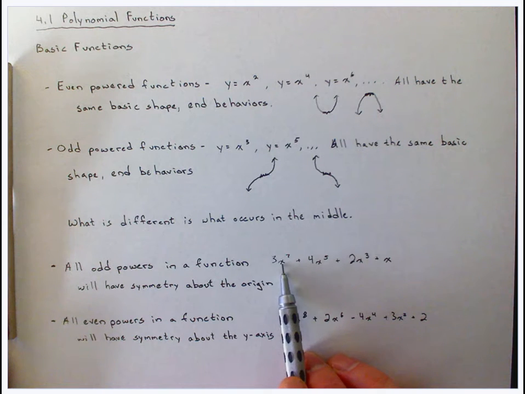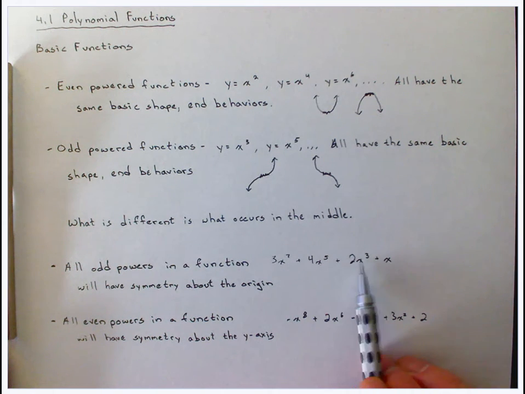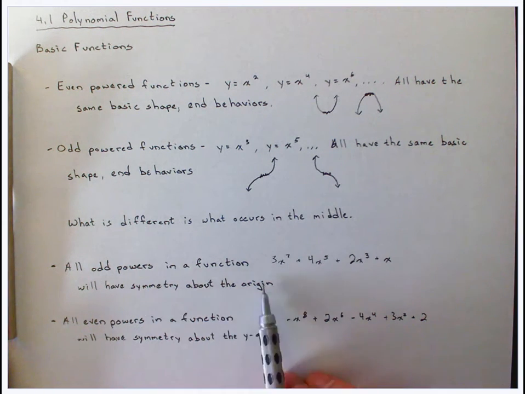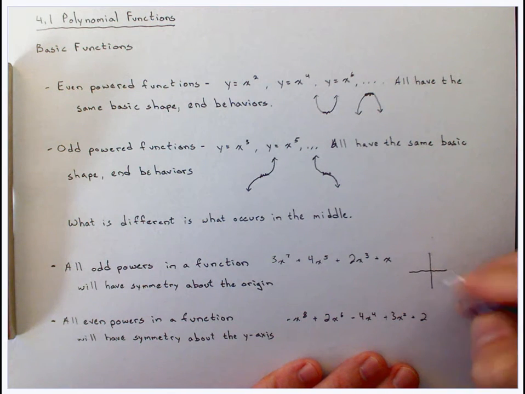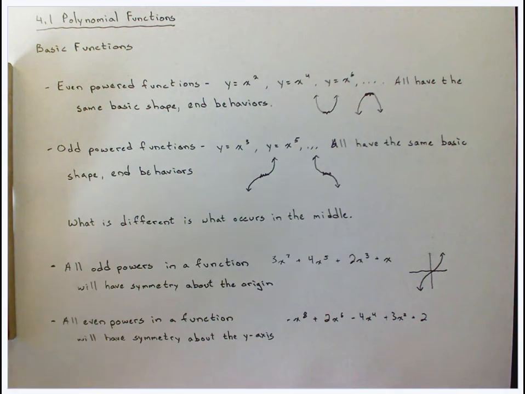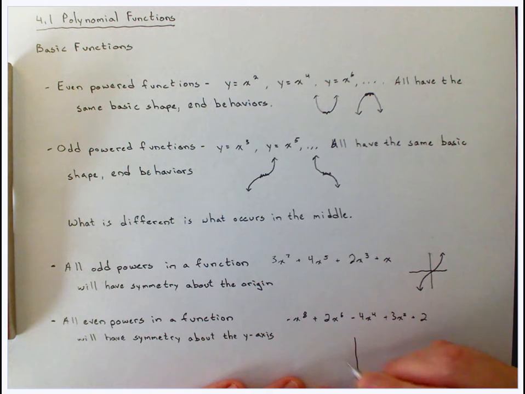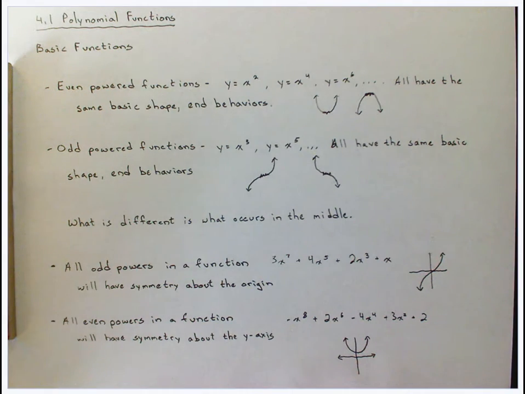So if there's only odd powered variables in the function, there is symmetry about the origin. So if I have the origin here, there's going to be some kind of symmetry about that origin. If I have all even powers in a function, you'll have symmetry about the y-axis. Symmetry means same on both sides is the easiest way to put it.